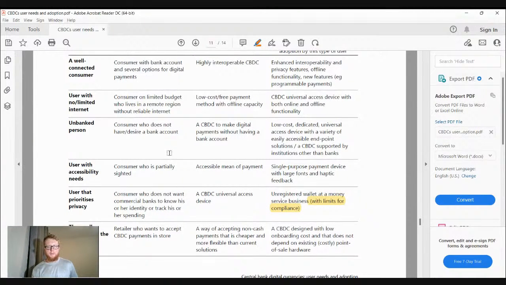But that type of person would probably understand this stuff enough to where they probably don't want a CBDC either. But that's a different topic. But anyways, for unbanked people, the design part of it would be similar to the user with no or limited internet, right? They wouldn't be able to use it, don't have to use banks, whatever, right?